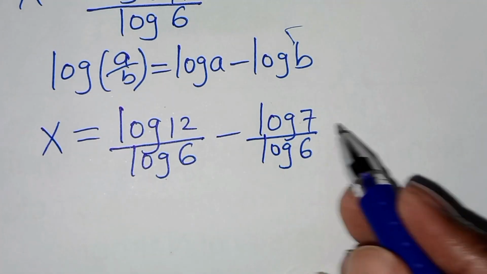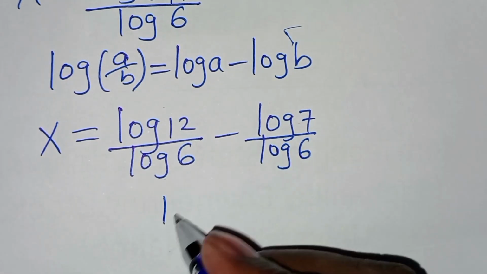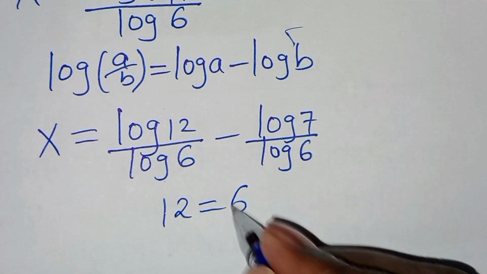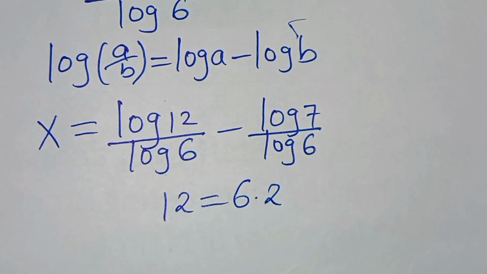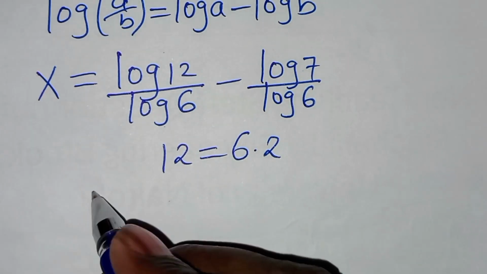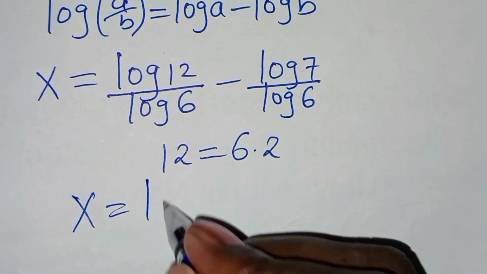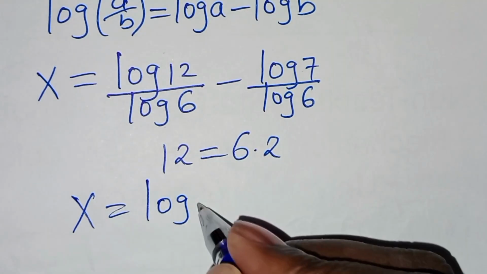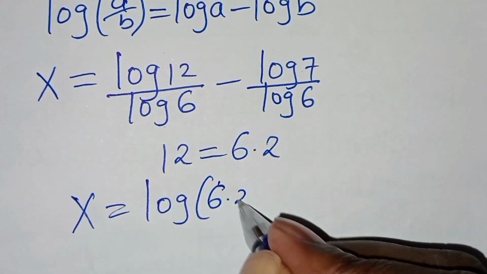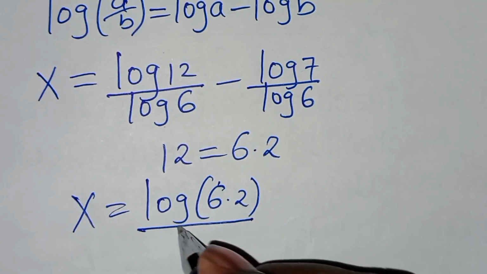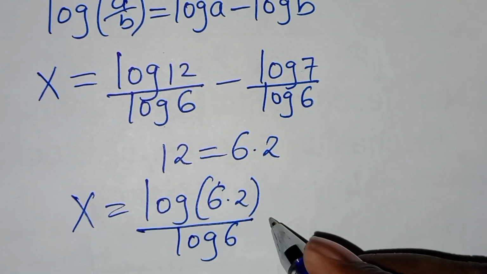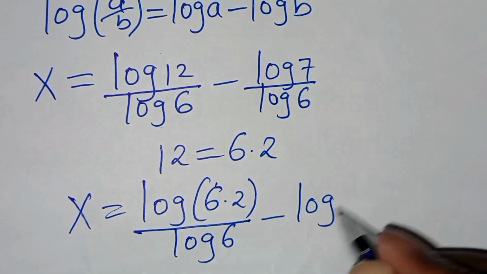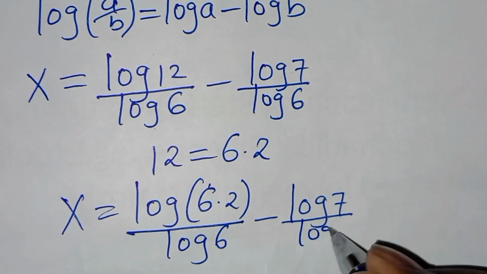Now, the next step from here, we can express 12 as 6 times 2. So here we have x equal to log of 6 times 2, divided by log 6, then subtract log 7 divided by log 6.